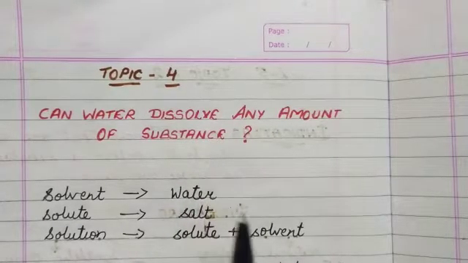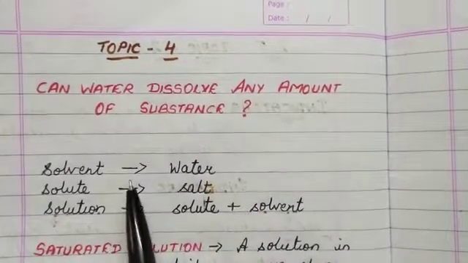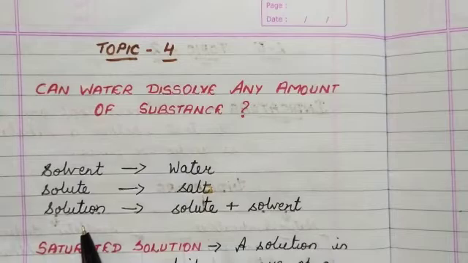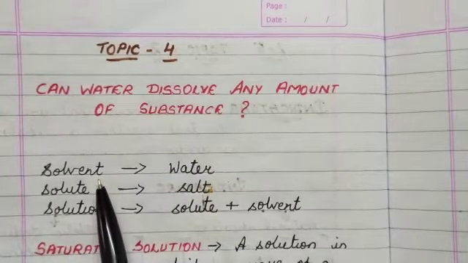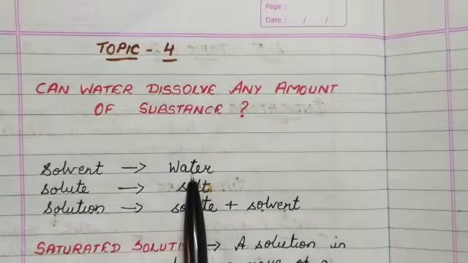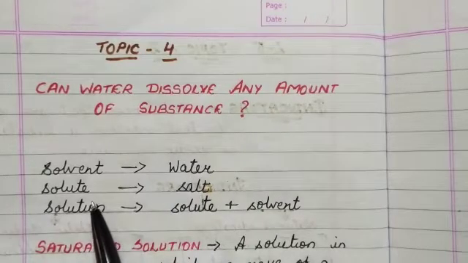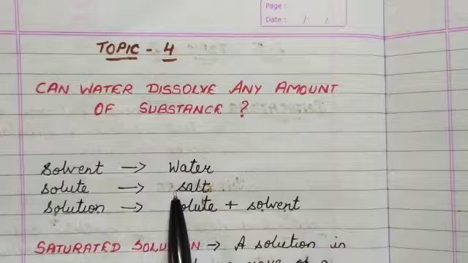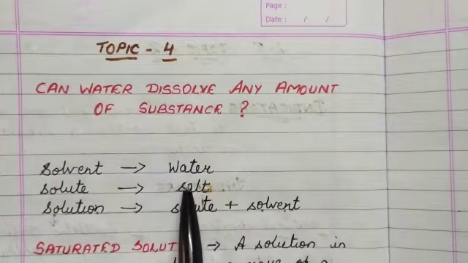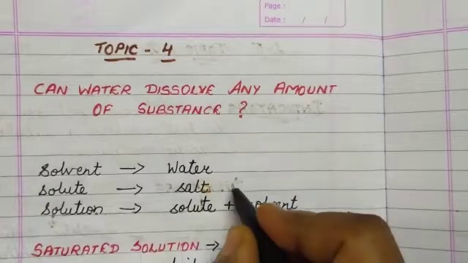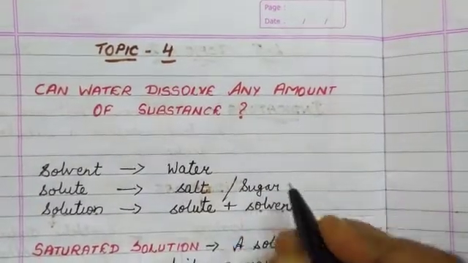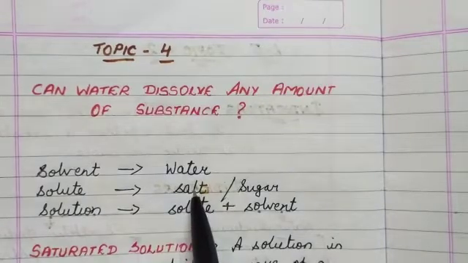So, for that, we have to know first what a solvent is, what a solute is, and what a solution is. Solvent is usually any liquid, usually water. Solute is any substance that we are adding to water. For example, if we add salt or sugar to water, the solute is the salt or the sugar.